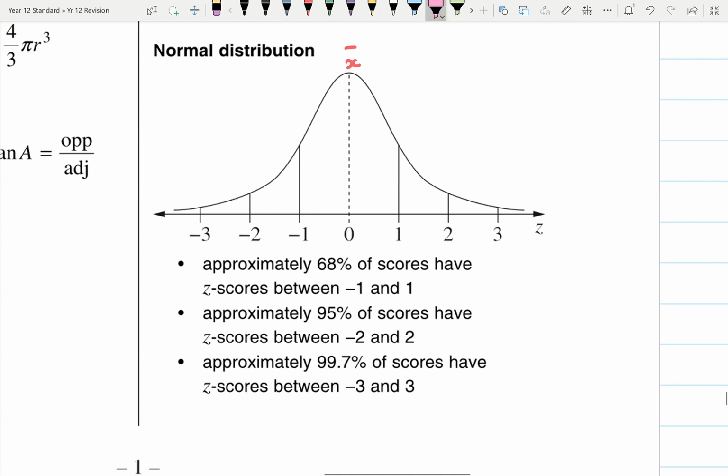Spoilers. The next one is 95% between -2 and 2. So that's including that area we just covered, going from -2 all the way up to 2. That whole area, all of those scores, is going to add up to be 95%. So pretty much everything. And finally, the last one, we may as well cover it, is 99.7.